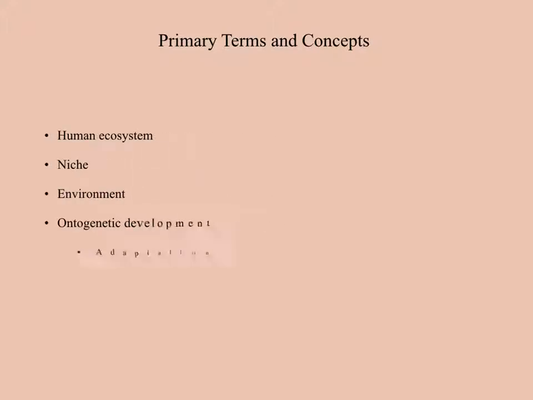Right? And next, I'm going to do the primary terms and concepts. So we got the human ecosystem. This is an organism that operates as a unit to interact with its environment, like a family ecosystem, which is a type of human ecosystem.